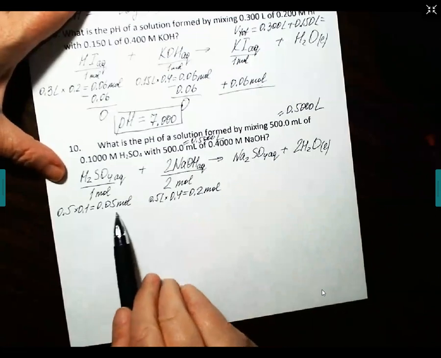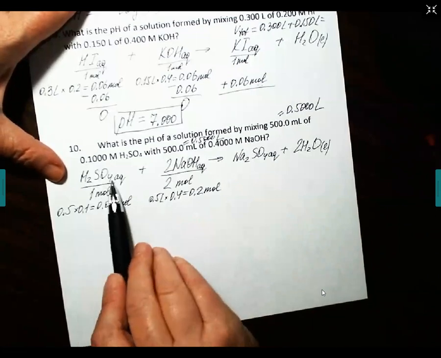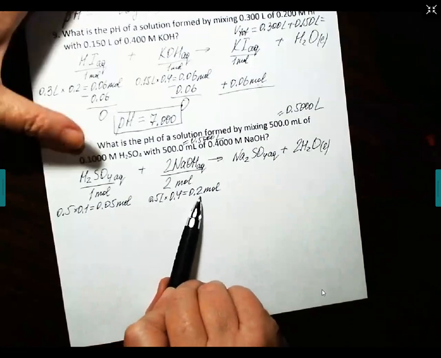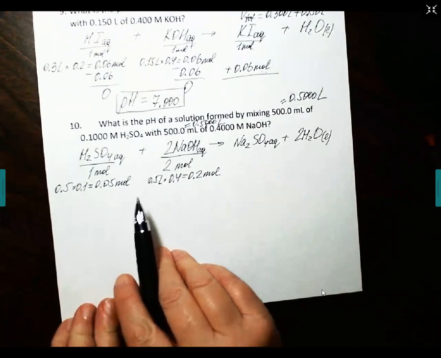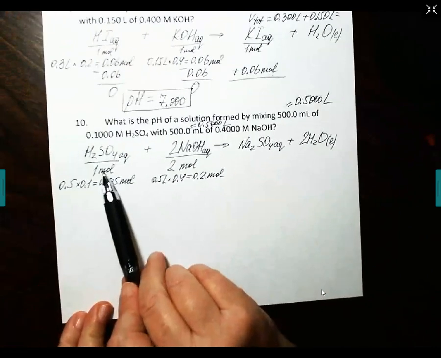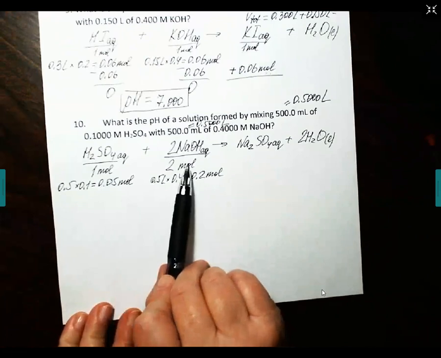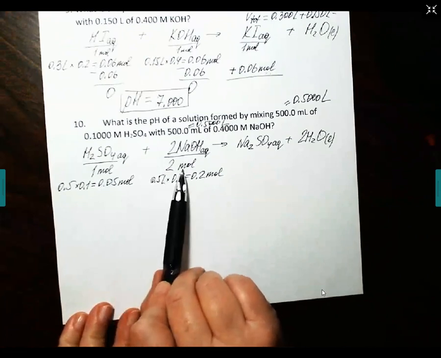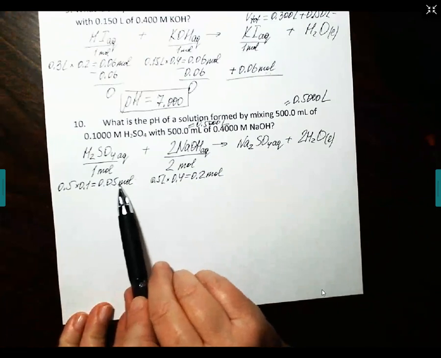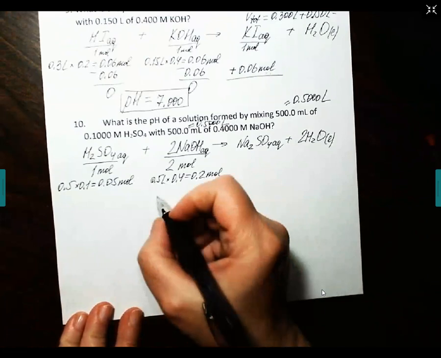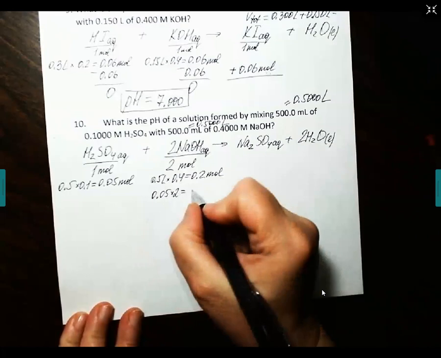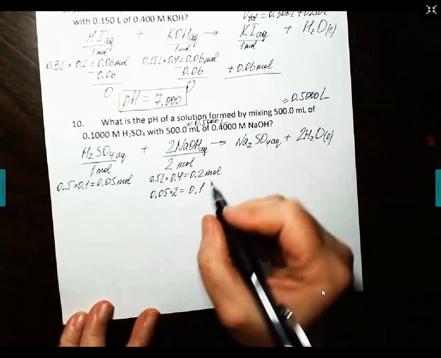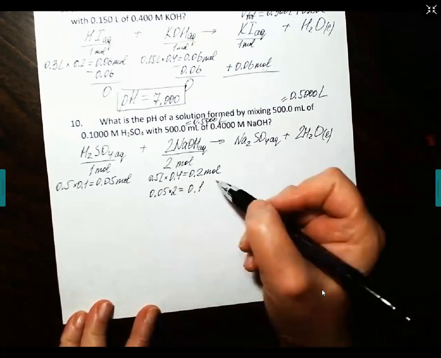So we have 0.05 moles of sulfuric acid and 0.2 moles of sodium hydroxide. Now we have to decide which one is limiting. So 1 mole of sulfuric acid requires 2 moles of sodium hydroxide, meaning that 0.05 times 2 would require 0.1 mole of sodium hydroxide.